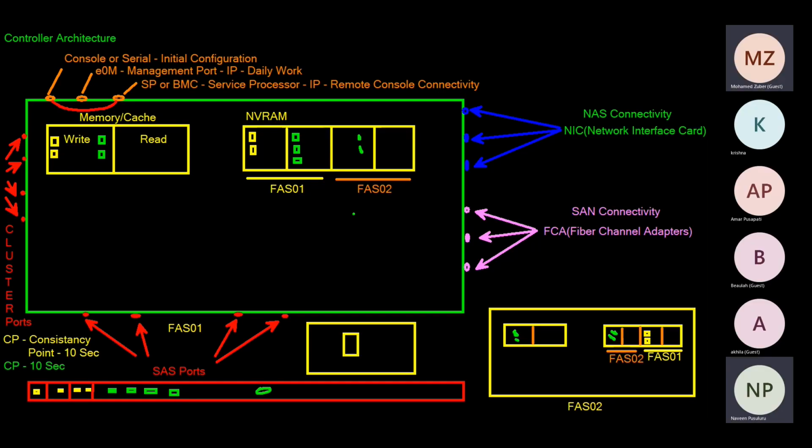One thing regarding this latency time, the consistency point trigger: is this fixed, or can we change it? Good question. This is fixed. This is a factory default setting from NetApp. But there are some factors which will trigger the consistency point before 10 seconds as well, even at 5 seconds.